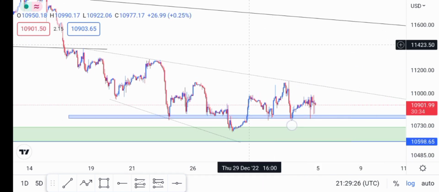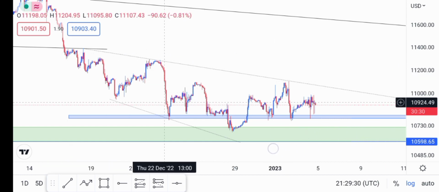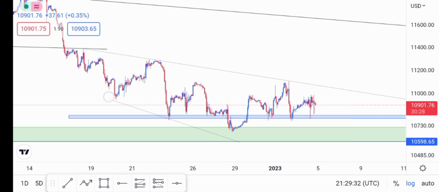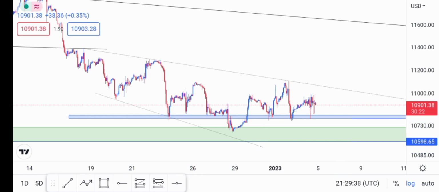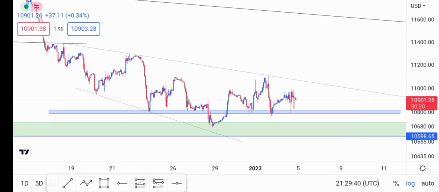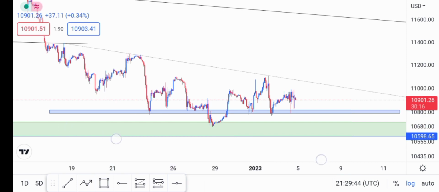We had our first touch, second touch, third touch right over here. So this one here, I can just say it's not valid the way I want it to be.